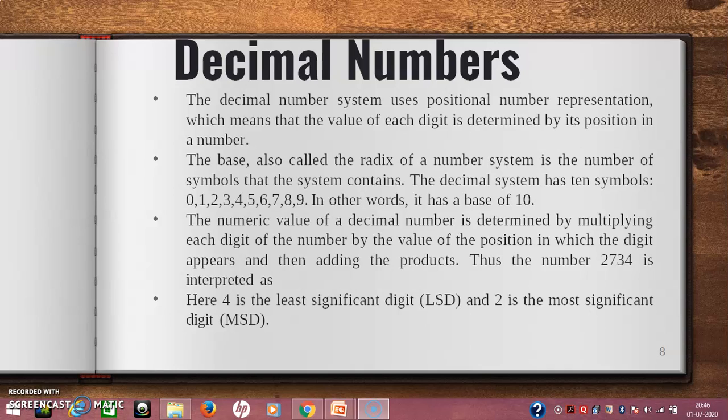The numerical value of a decimal number is determined by multiplying each digit of the number by the value of the position in which the digit appears and then adding the products. Like the number 2734 is interpreted as 2 into 1000 plus 7 into 100 plus 3 into 10 plus 4. Here 4 is the least significant digit and 2 is the most significant digit.